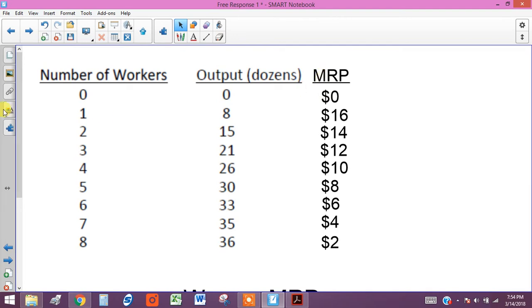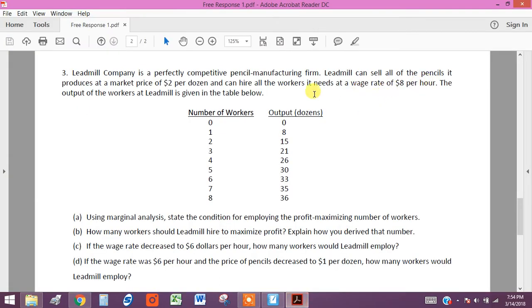So if we start with 0 and add one worker, that one worker is going to be able to produce 8 dozen pencils, and I'm almost positive that's per hour. It should be per hour. If it doesn't say it, we assume it. The output is given here, so we need to go ahead and assume that this is output per hour.